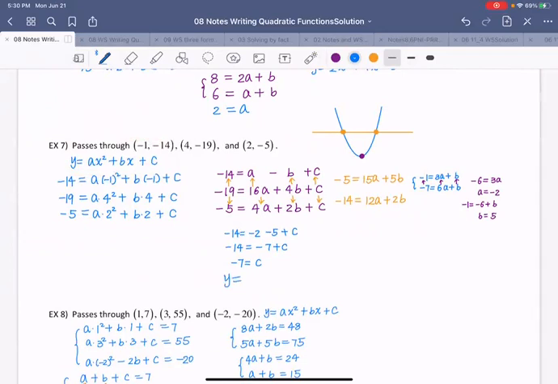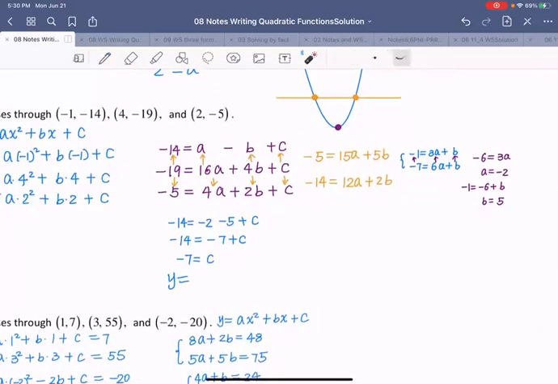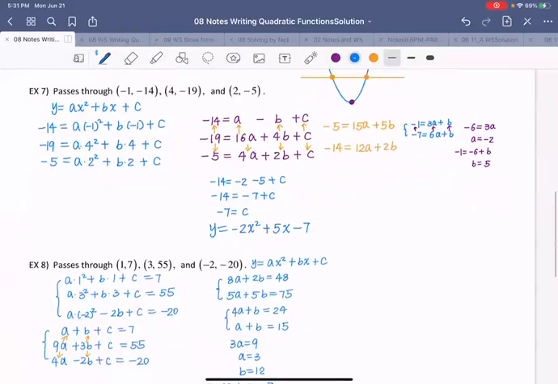Like a is negative 2, good. y equals negative 2x squared plus 5x plus negative 7. All right, you made it. Good job, Yarong. I'm very happy for this, okay? Very good work, thank you.